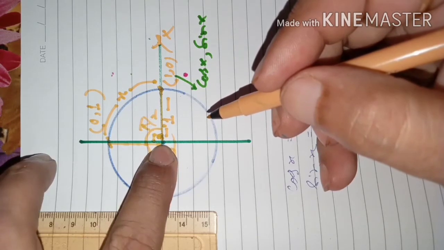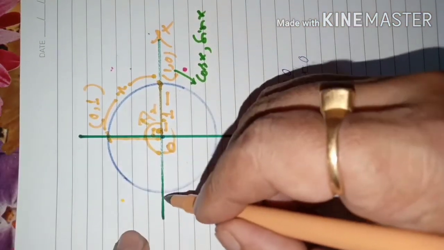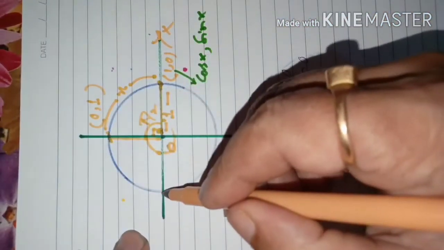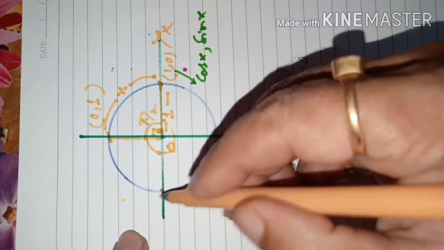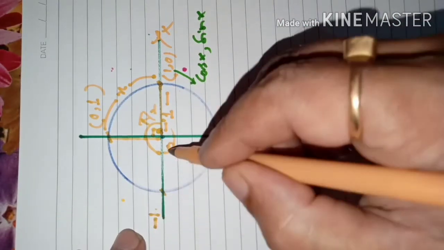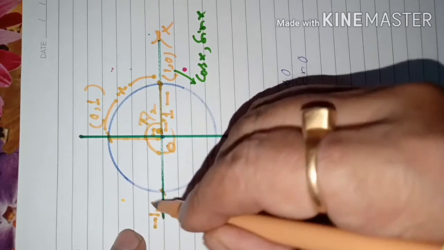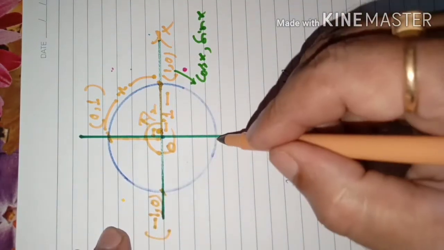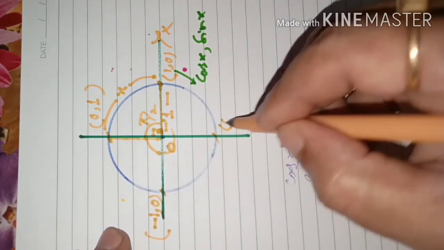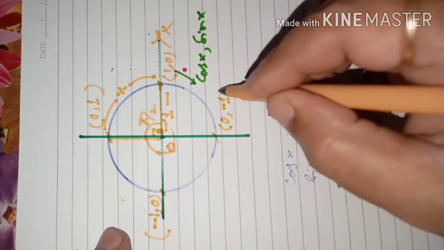When you select a point again on the x-axis, the x coordinate is -1, because this way it is -1, and the y coordinate is 0. When you come here, the x coordinate is again 0, and the y coordinate is -1.